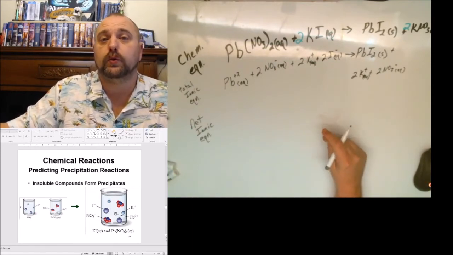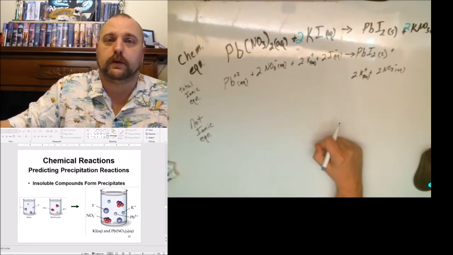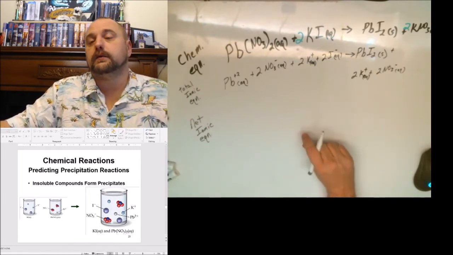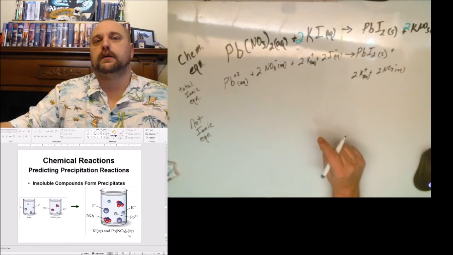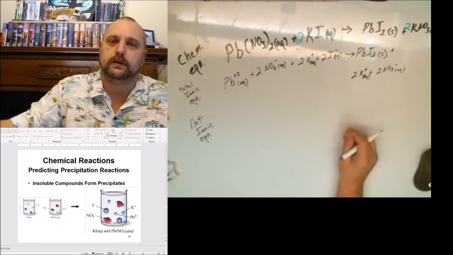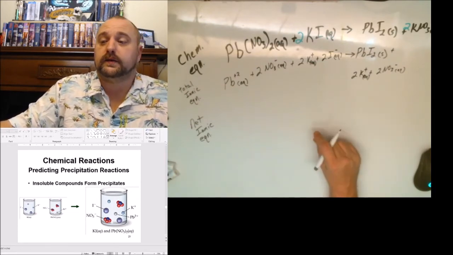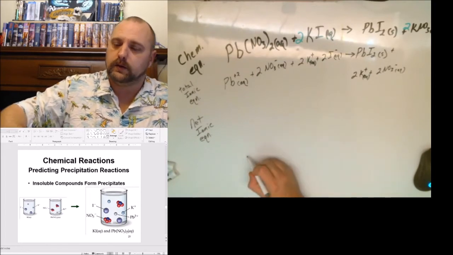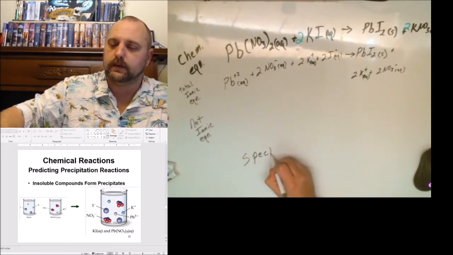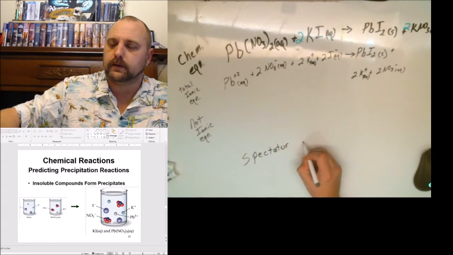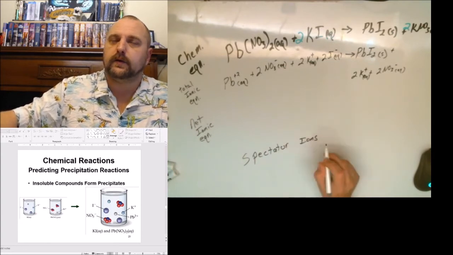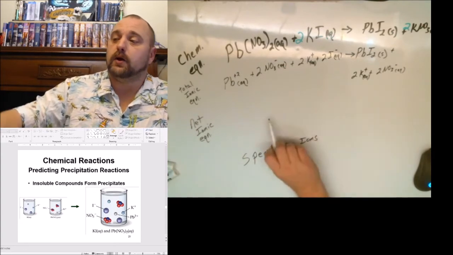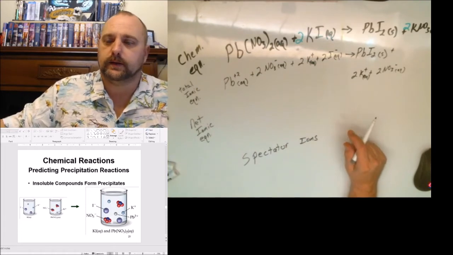We're looking for what went in to form our solid. Alright, now this is actually much easier than you think. This is about getting rid of what we call spectator ions, and these are ions that are on both sides of the reaction exactly the same.